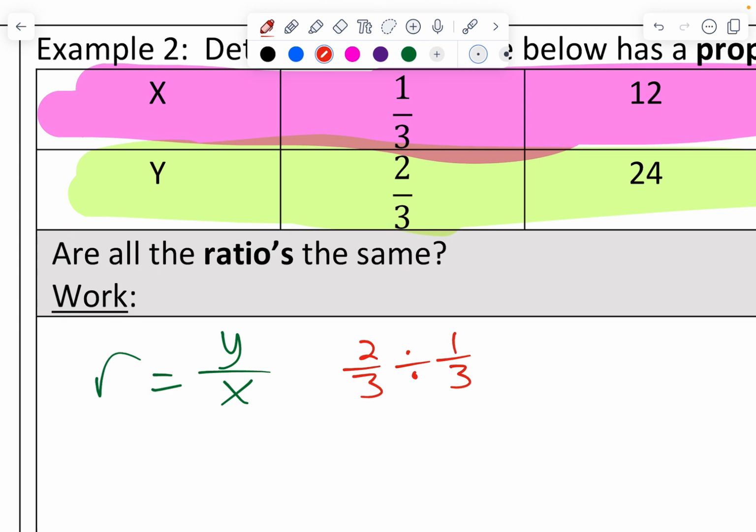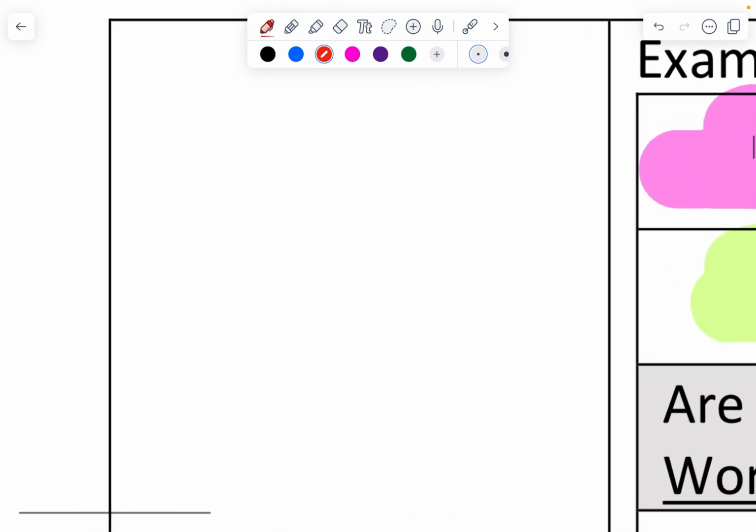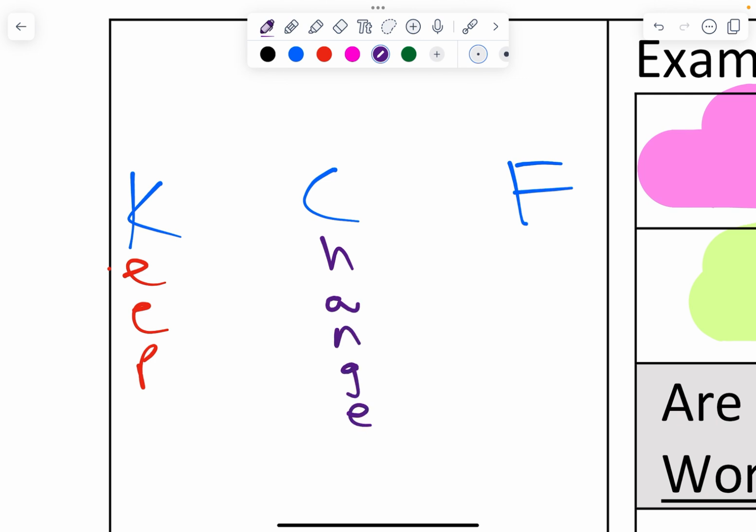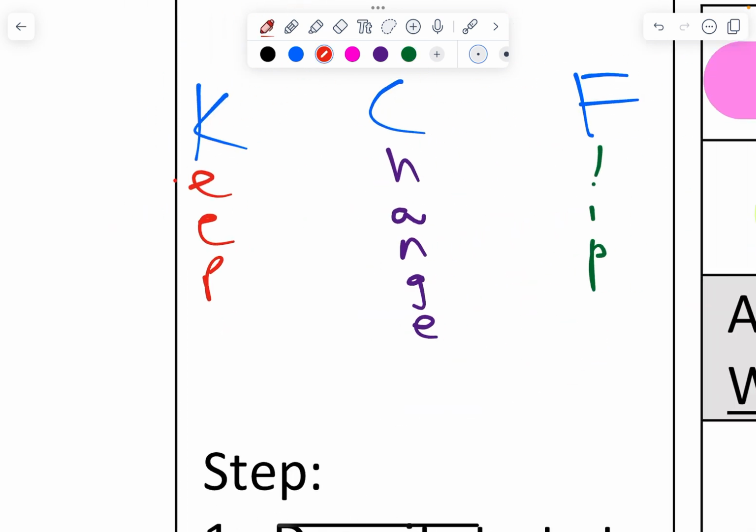And remember, when dividing fractions, we have this little rule that you guys learned back in elementary school. We want to keep, we want to change, and we want to flip. Now, all this means is keep the first fraction the same. So that first fraction, you're not going to mess with. I'm going to keep it.